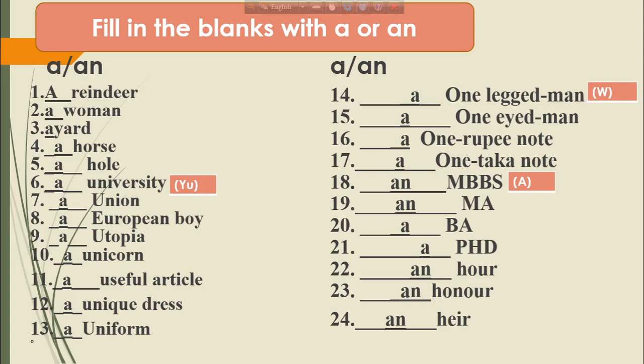In number 22, 23 and 24, we can see some words: hour, honor and heir. When we talk about hour, we don't say the h. The initial h is silent here. So this is a vowel sound. So we use an before hour, and before honor, and before heir.